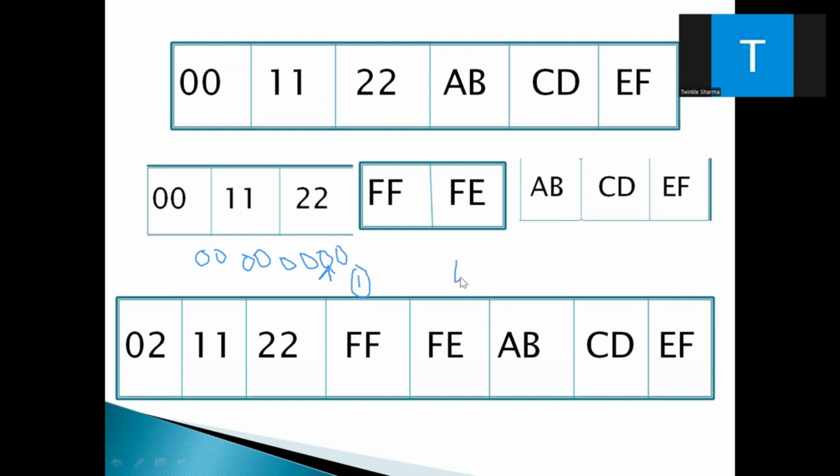So 0, 0, 0, 0, 0, 0, 1, 0. What will this be? Binary to decimal is 2. So 02 comes here. Okay, so this is our interface ID.